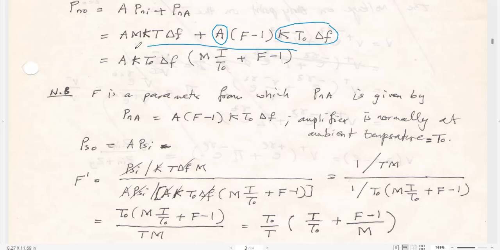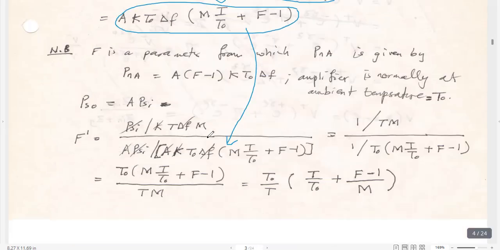This is the amplifier noise at the output. The total noise power at the output, we take this equation here. This is the same equation.